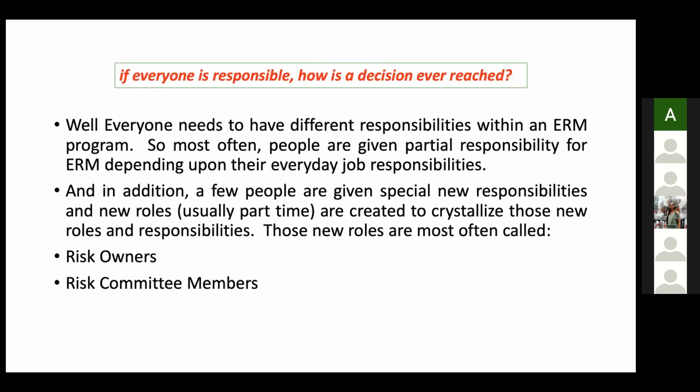Okay, well, everyone needs to have different responsibilities within an ERM program. Most often people are given partial responsibility for ERM depending upon their everyday job responsibilities.